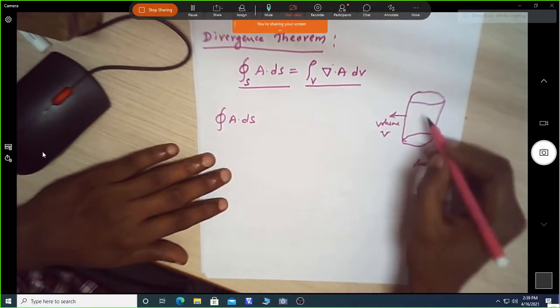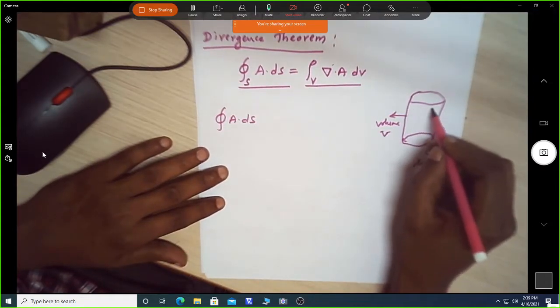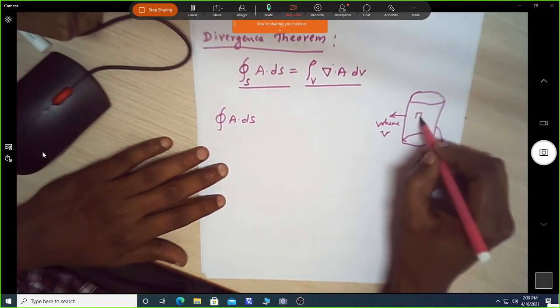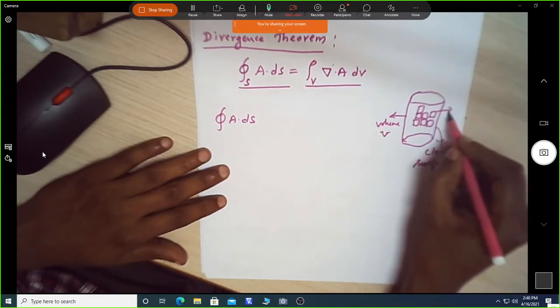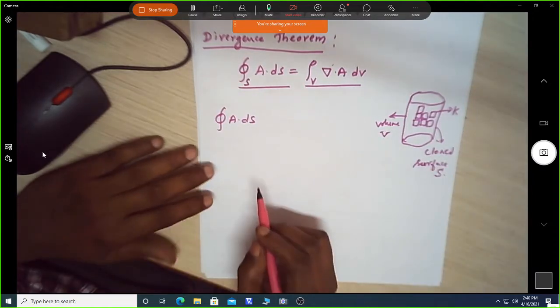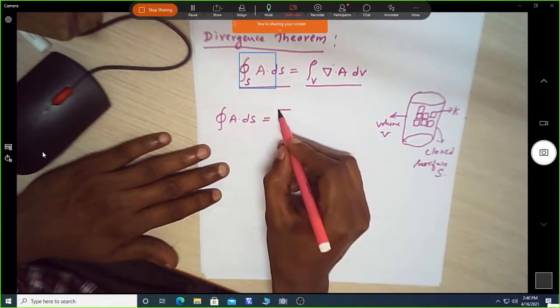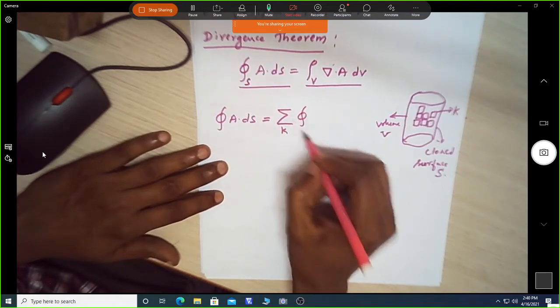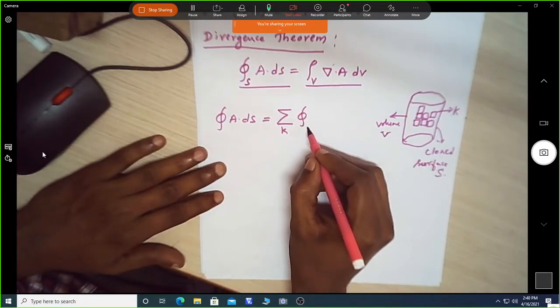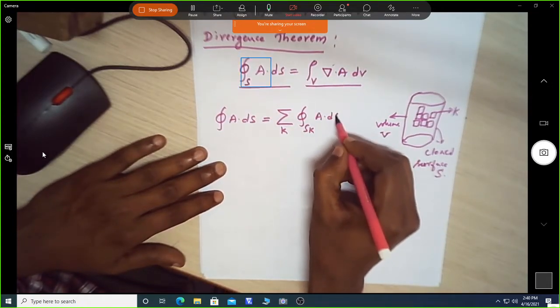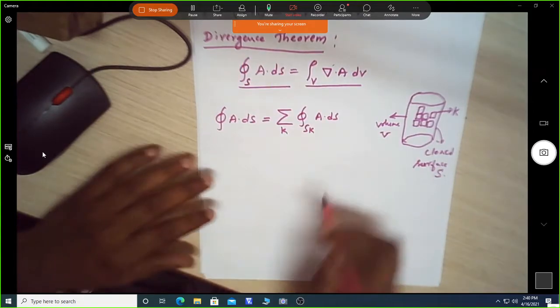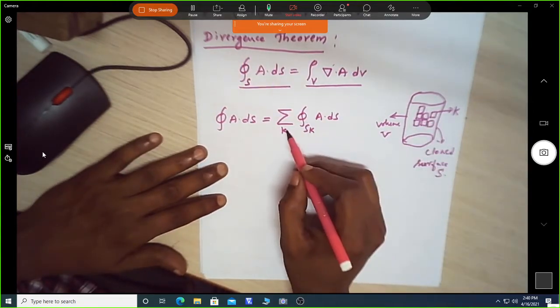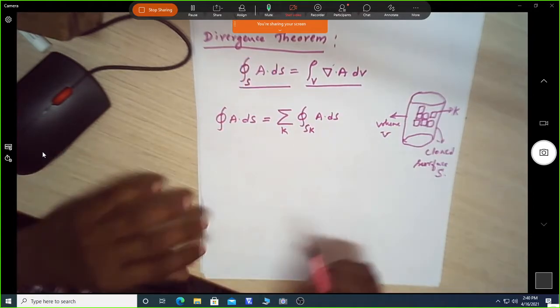If I define this complete closed surface as made of some small surfaces, say k surfaces, then this closed integral is the summation of the surface integrals over all these small surfaces, which together become the total closed surface.